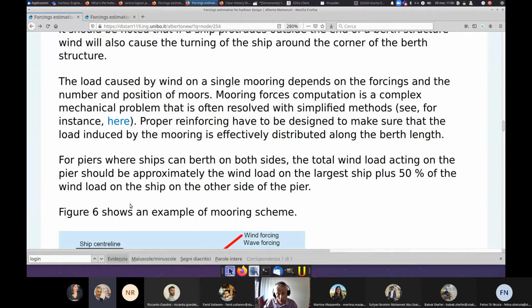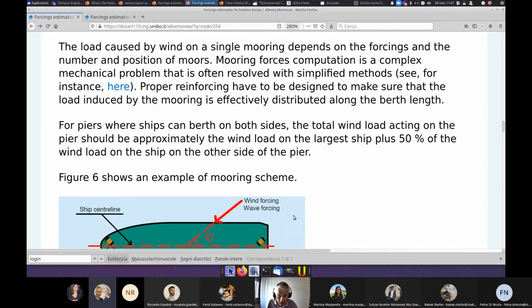Now, what if you have a berth where ships can approach on both sides? How to estimate then the action of two contemporary wind loads given by two ships approaching the berth on different sides? Here is the rule of thumb.